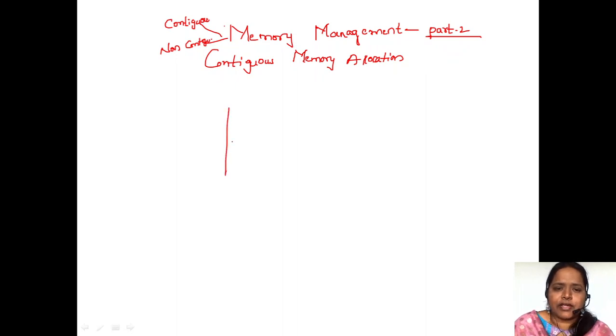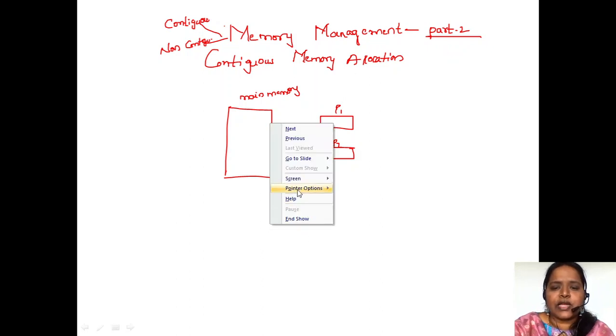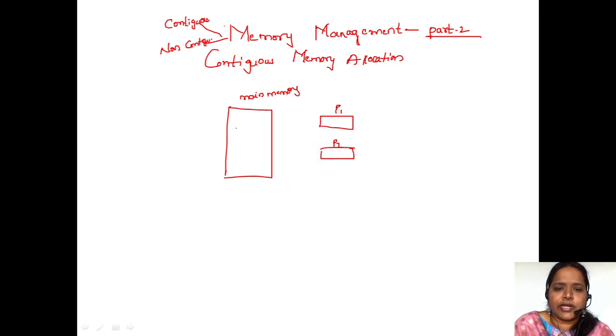Suppose, if you look at this block diagram, this is the main memory. And here there are two processes, process P1 and process P2. When we have contiguous and non-contiguous memory allocation, the memory is first partitioned.